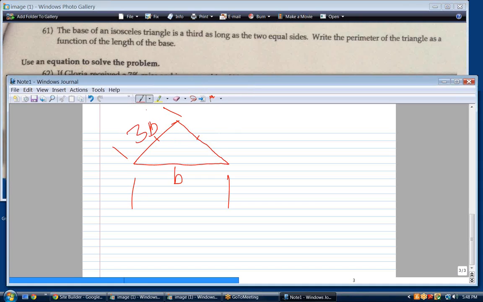What's this other side? 3b. So the perimeter is what? 3b, is it squared plus b? There's no squaring. Perimeter is the sum of the sides. So it's 3b plus 3b plus b.